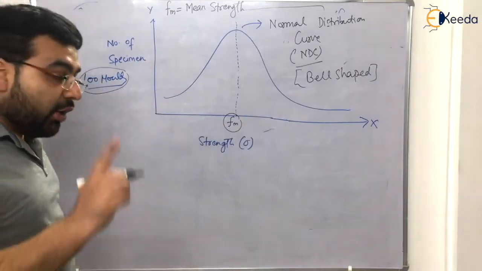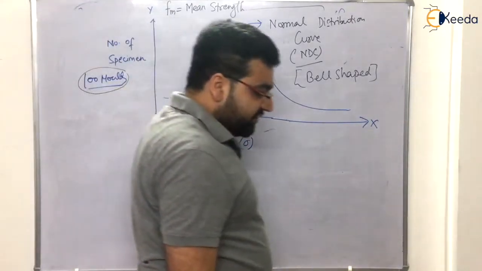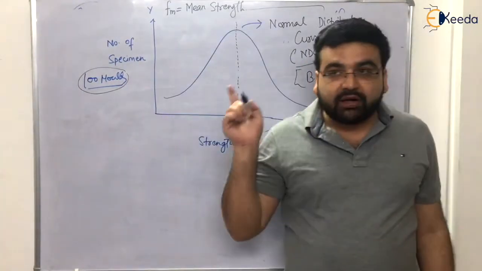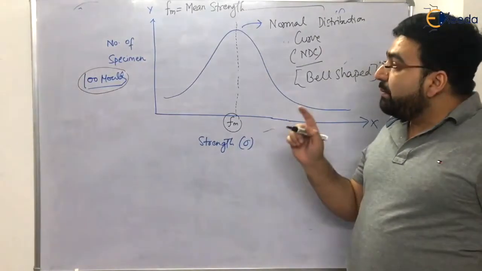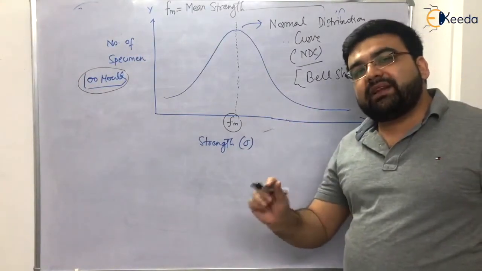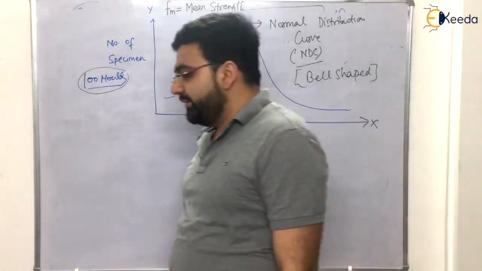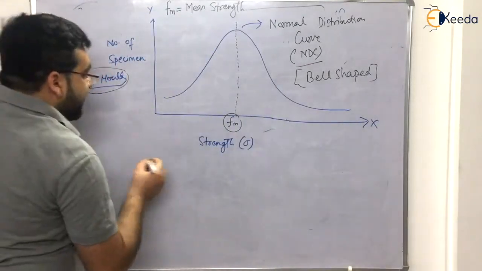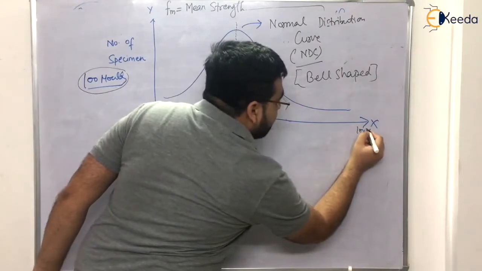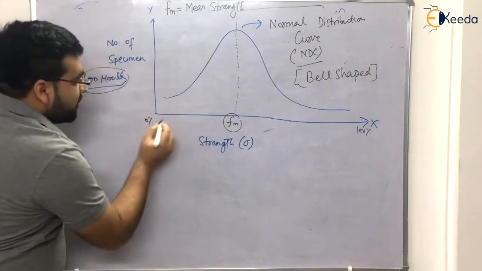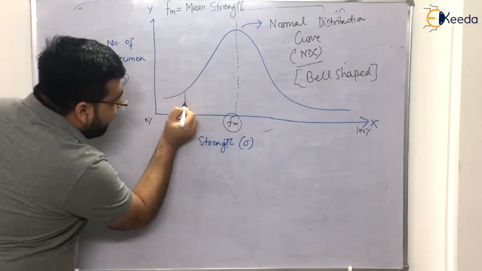Right? Now what is the definition of characteristic strength? Just remember, I told you that the characteristic strength is the strength below which maximum 5% samples can fail the test. Maximum 5%, right? It means that, let us say this is mean strength, okay? This is 100%, this is 0%. So somewhere here, you will have 5%.